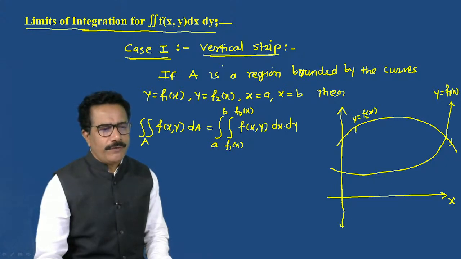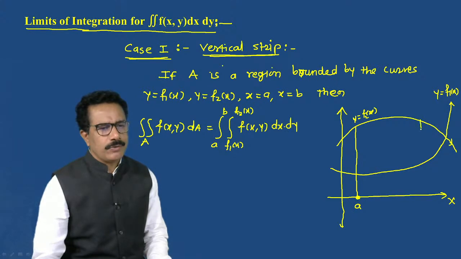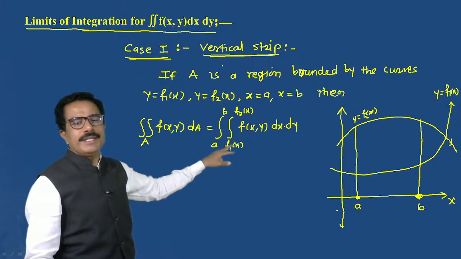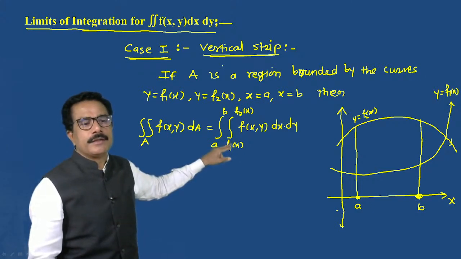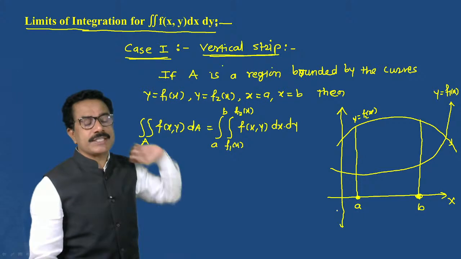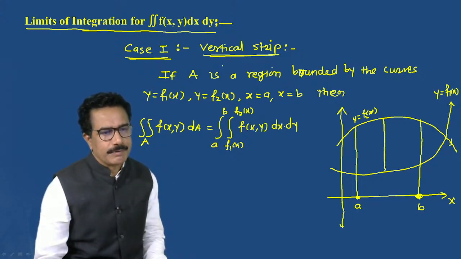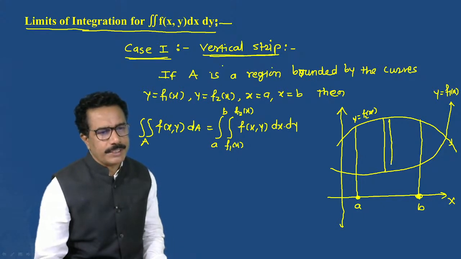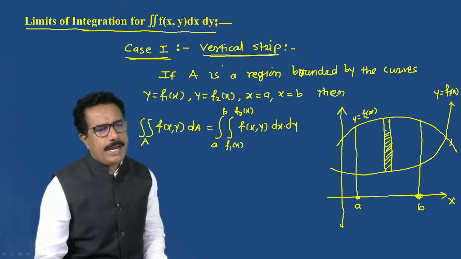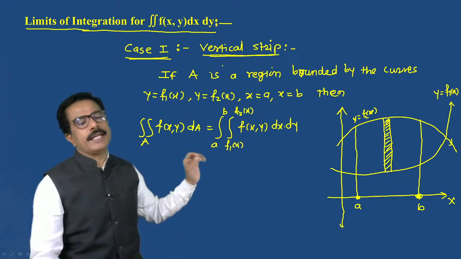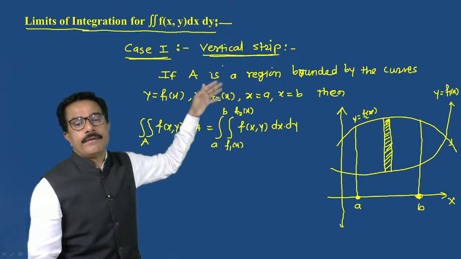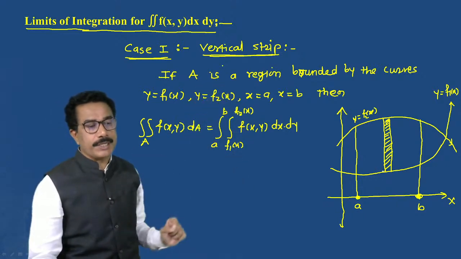So we have to find out the area bounded by x equals a to x equals b. So in this case, if we consider a vertical strip, this is a vertical strip, and we can find the areas regarding the rectangle which are included in that vertical strip.